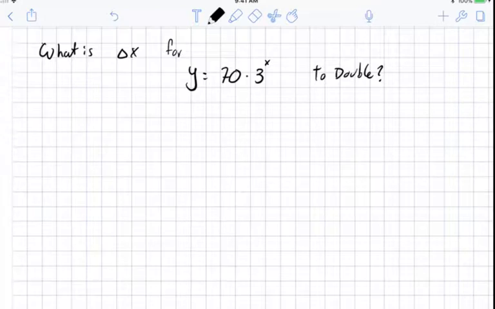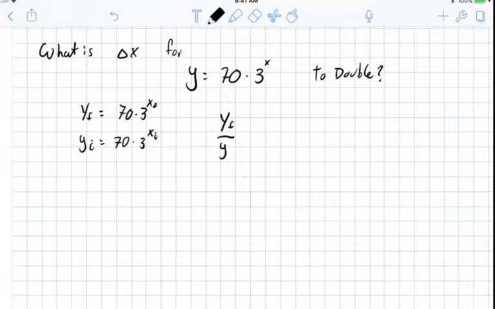All right, so I set y final to equal 70 times 3 to the x final. I say my initial value is 3 to the x initial. I want it to double, so y final divided by y initial needs to be 2.